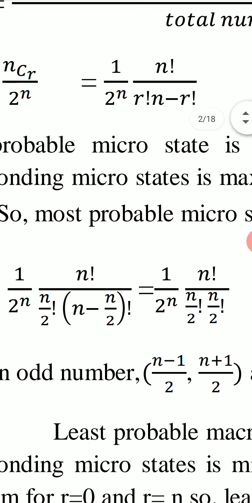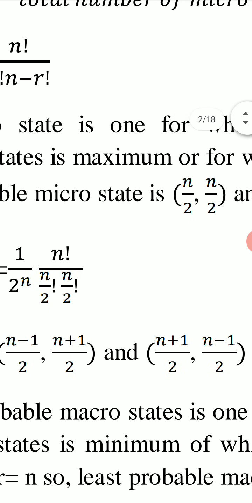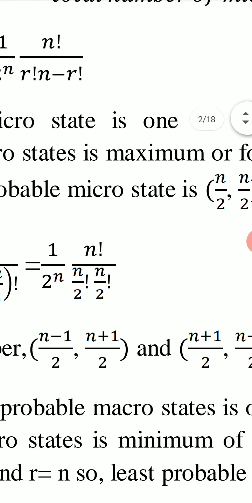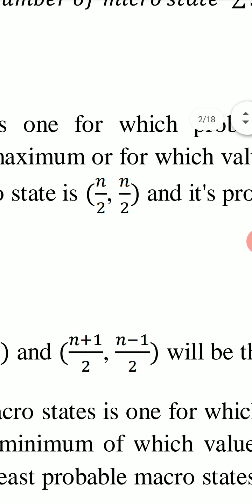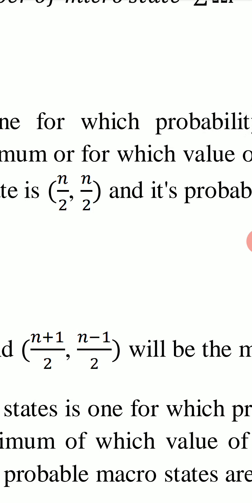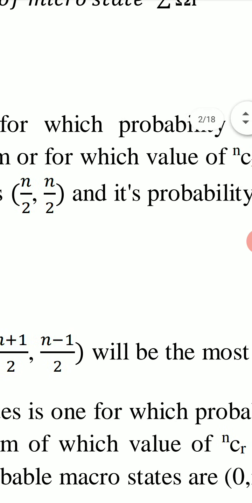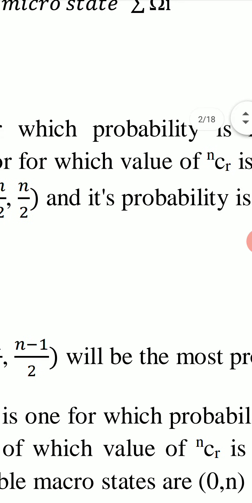So the most probable macrostate is (n by 2, n by 2). In the first box we have half the particles, n by 2, and in the second box we have half the particles, n by 2. This macrostate is the most probable state.